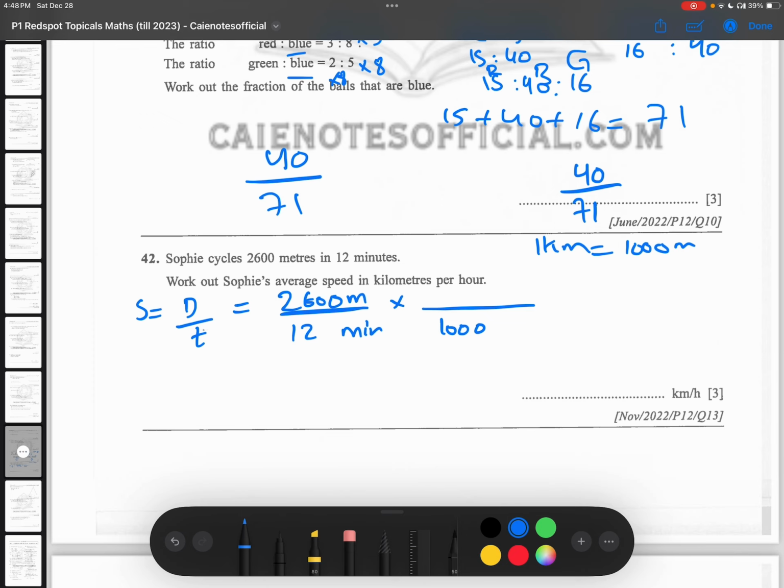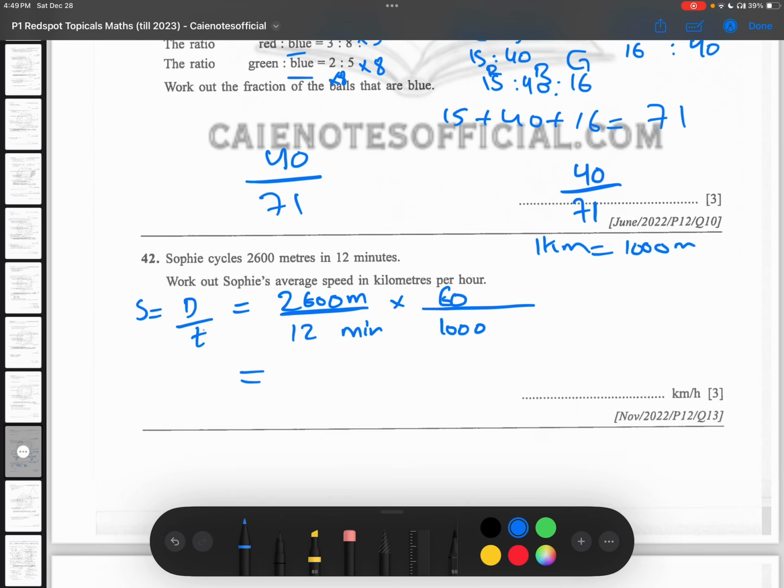She will travel more definitely, right? As compared to minutes, in hours you are going to travel more distance. So multiply this quantity with 60. You are going to travel 60 times more in an hour as compared to 1 minute.